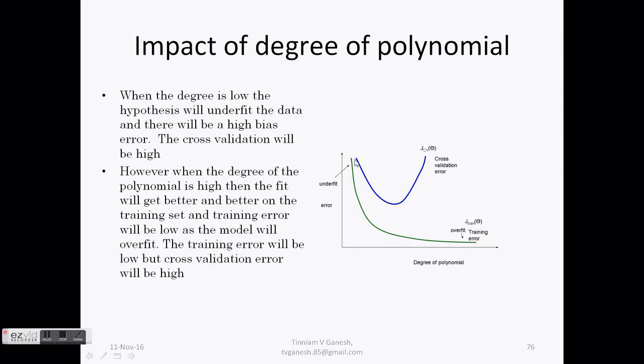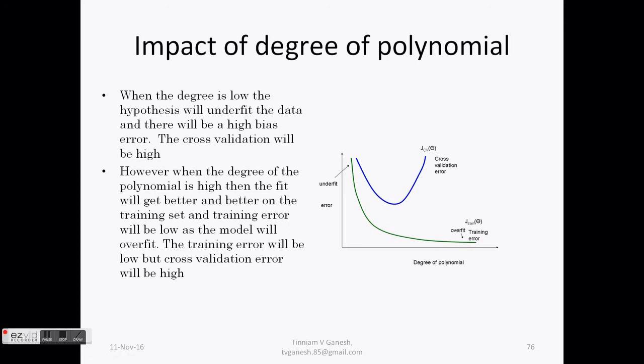So while it will fit your training data well, if you test the models against the cross-validation, initially for a first order equation, you will get a high cross-validation error. That means it won't fit even the validation data. But as you increase the order of the polynomial, the fit will get better and better, and then it will come to its minimum.